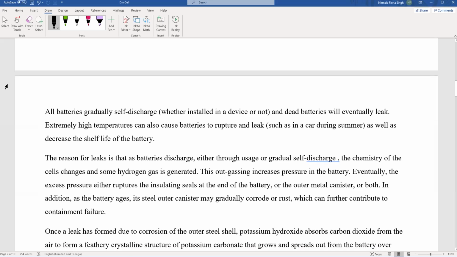Continue reading. All batteries gradually self-discharge whether installed in a device or not. That means they will start to lose some of the electricity over a while. If you look at your dry cells, it's usually well labeled on your D cell batteries, you're going to see an expiry date on them.